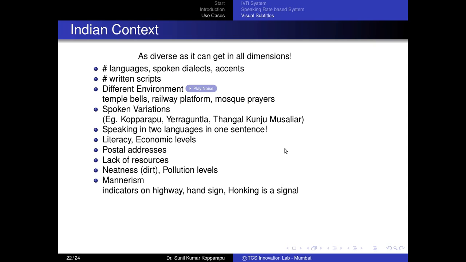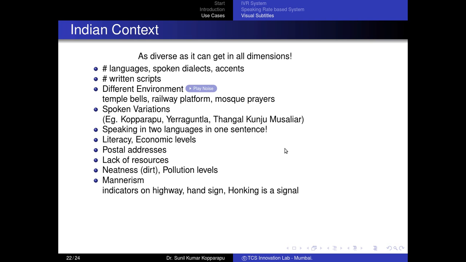And being English friendly, India has several languages which have English words interspersed within them. So you would be speaking in more than two languages within a single sentence. There is a high disparity in the literacy levels and the economic levels.